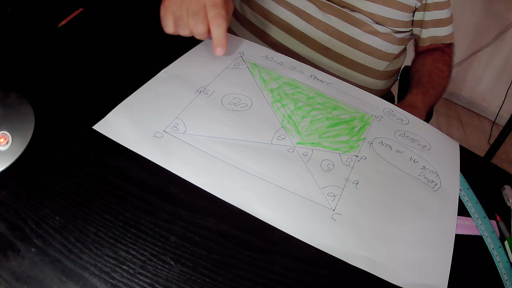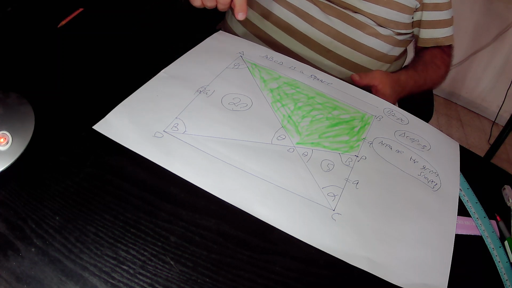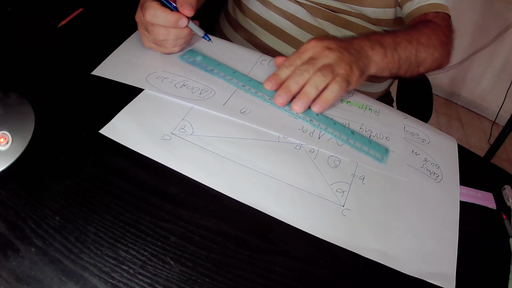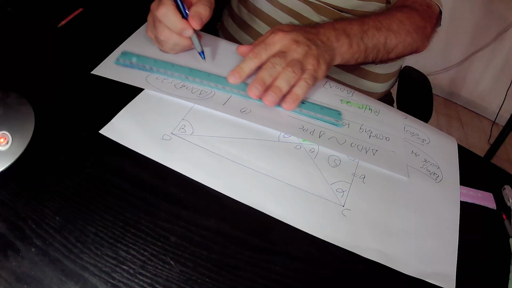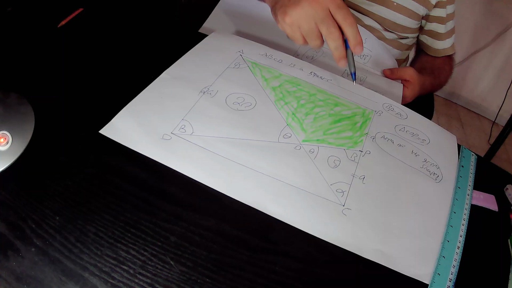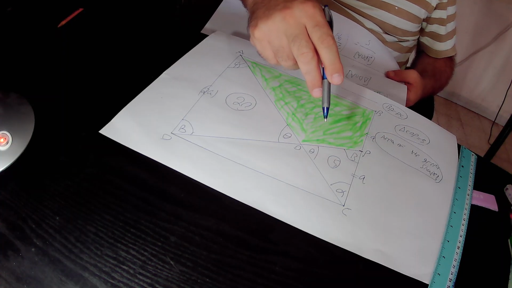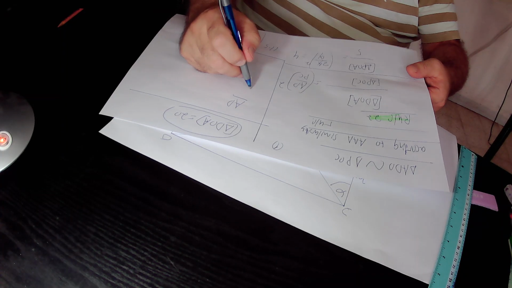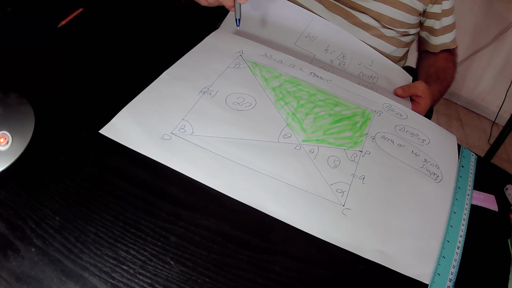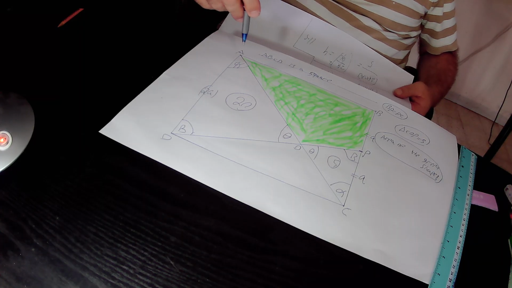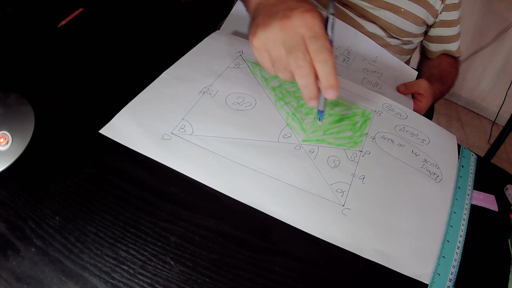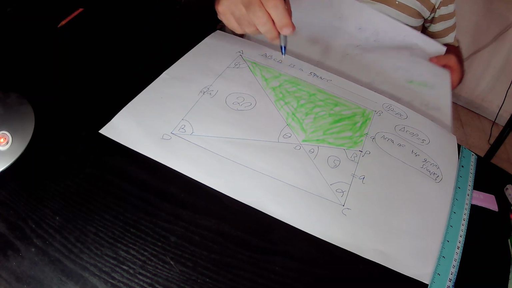That is to say, side AD of triangle ADO over side PC of the small triangle POC is equal to side AO of the big triangle AOD over side OC of the small triangle COP.